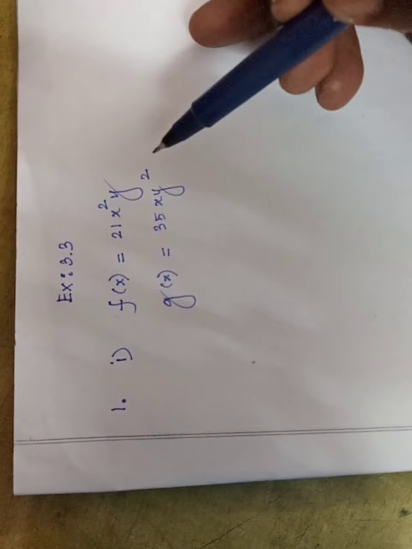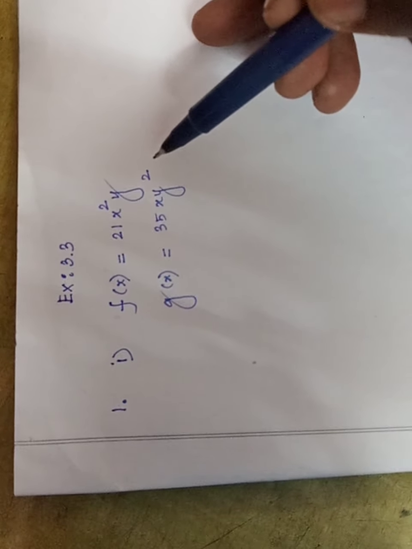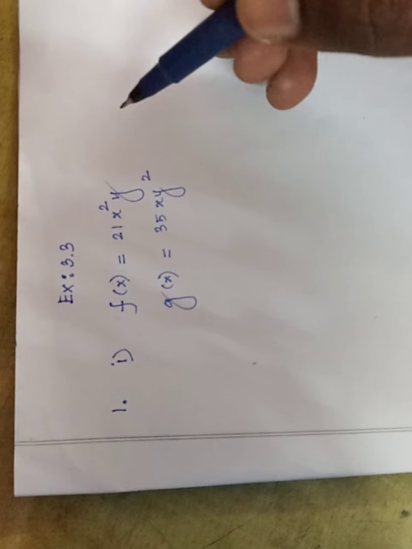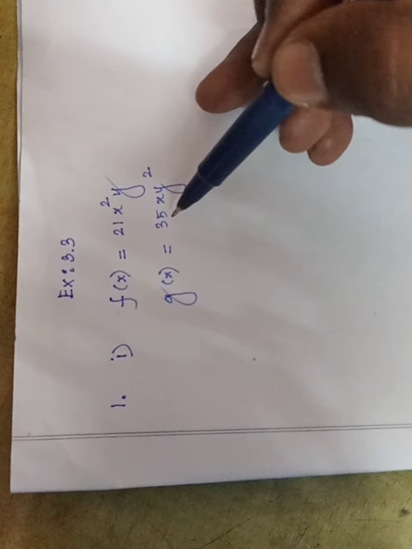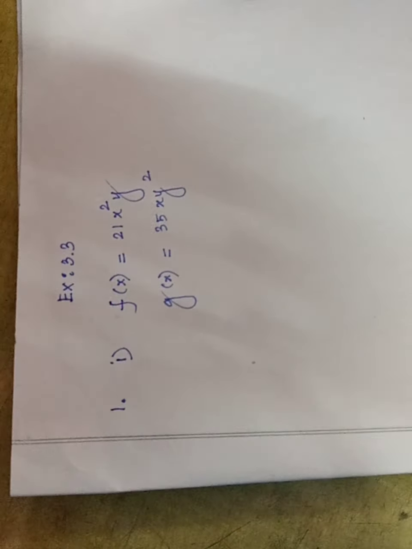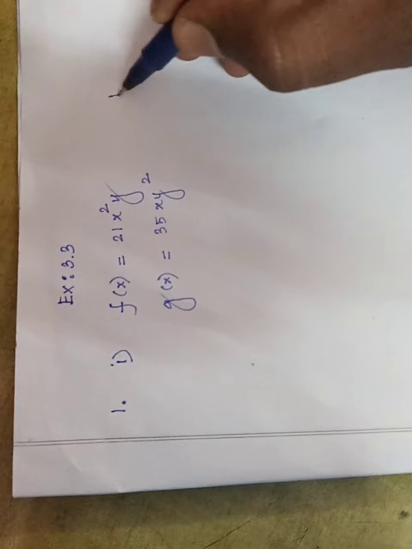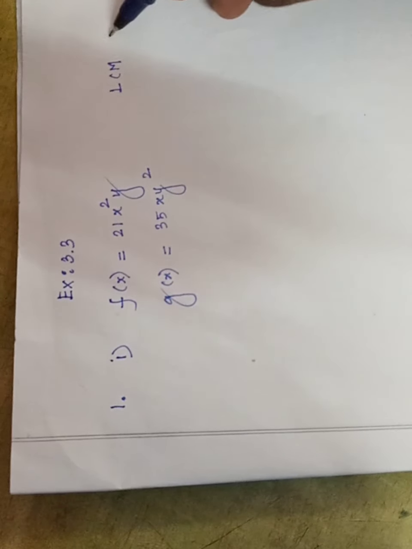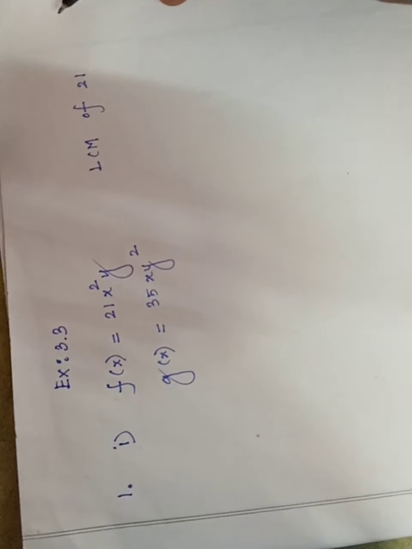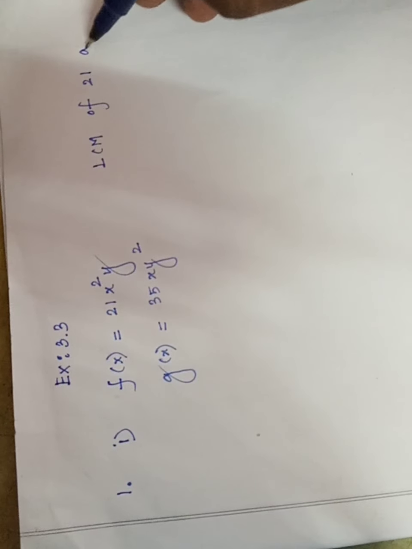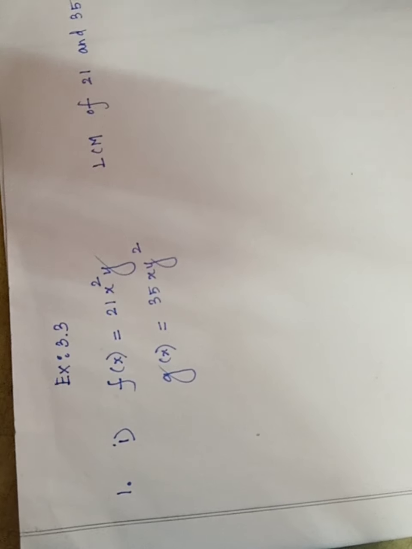So if the expressions are given like this, first we are going to find the LCM and GCD of the numbers 21 and 35. So first, LCM of 21 and 35.